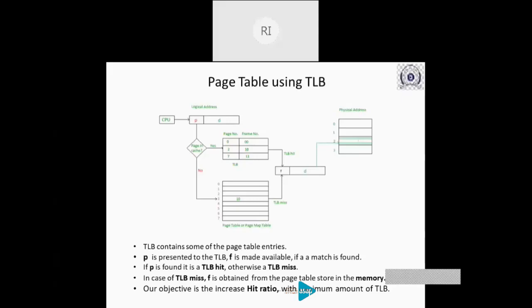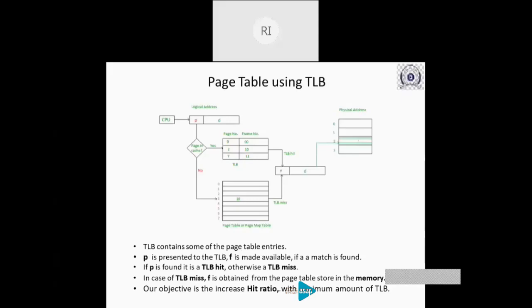Otherwise, the entire page table will be there in the main memory, so we search the page table kept in the main memory to get the frame number F, and appending it with the offset D, we compute the physical address.